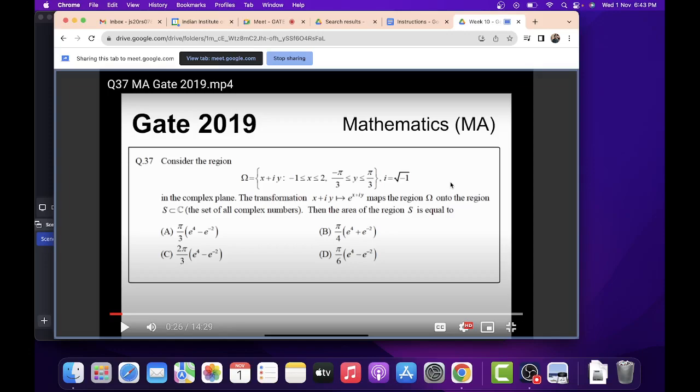So suppose we take the point 0 comma pi by 3 in the complex plane. So x is 0, y is pi by 3. So it will map to e to the power i pi by 3. So it has basically angle cos pi by 3 comma sin pi by 3, right? So theta equals pi by 3, that is the angle it will make.